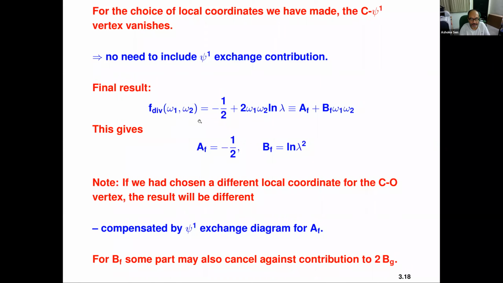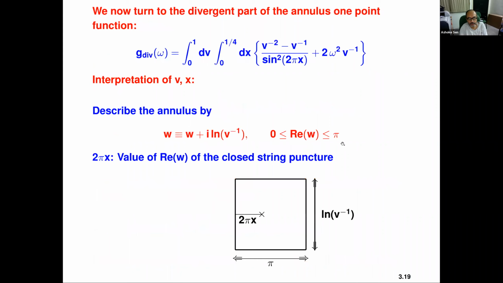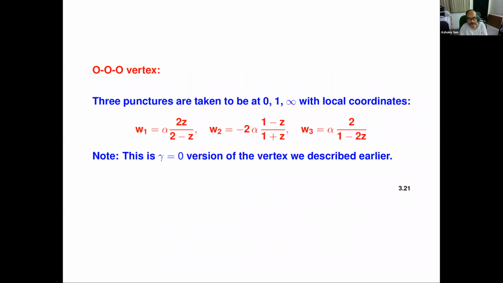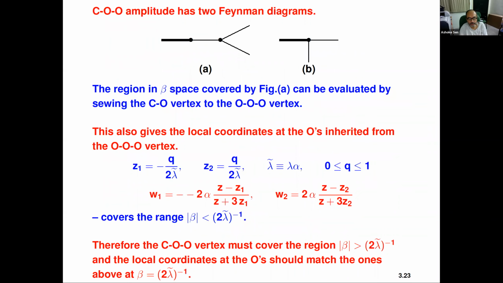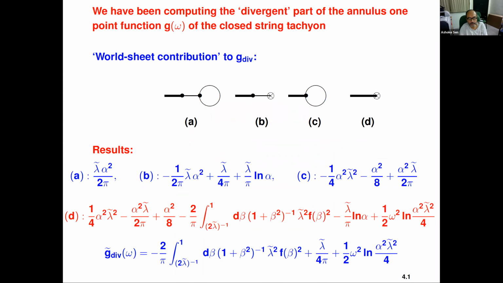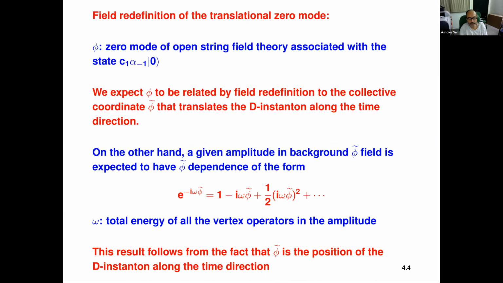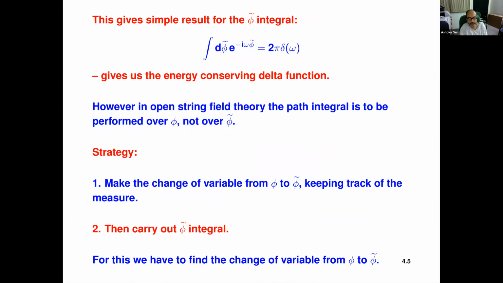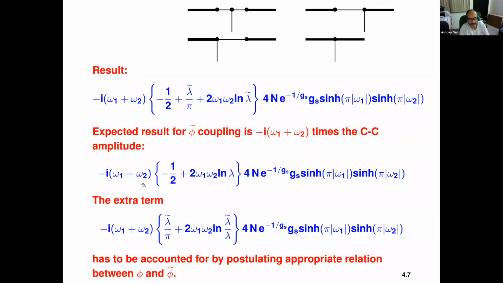So we expect the CC amplitude should be minus i omega 1 plus omega 2 times this. Now this is of course the divergent part. For the finite part, there is no problem. For the finite part, you exactly get minus i omega 1 plus omega 2 times the finite part. It's the divergent part that you have to worry about. So that's it here.